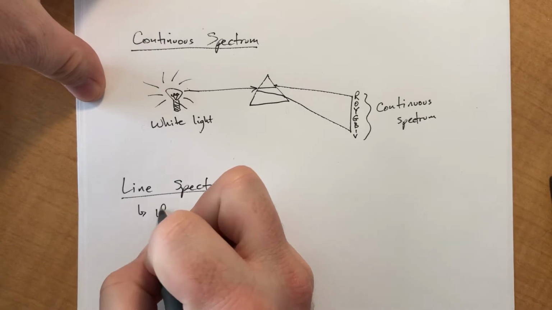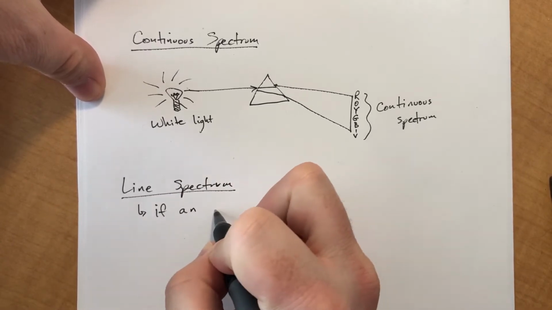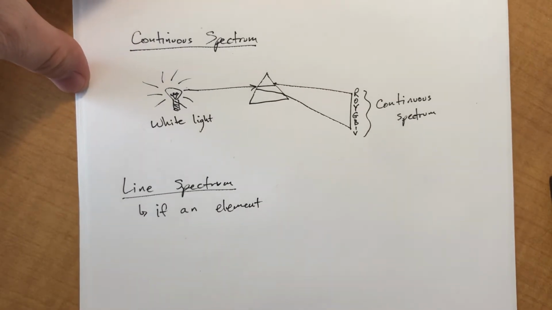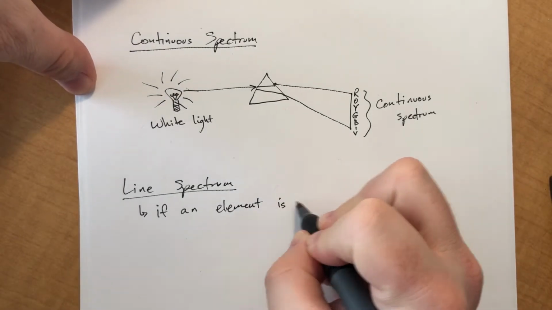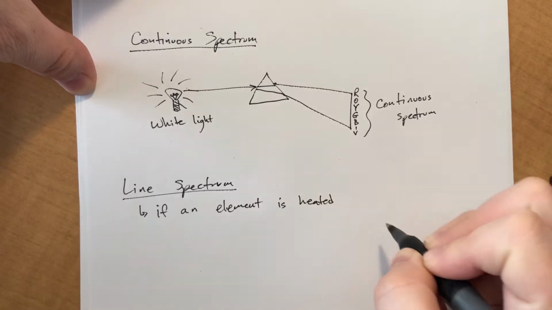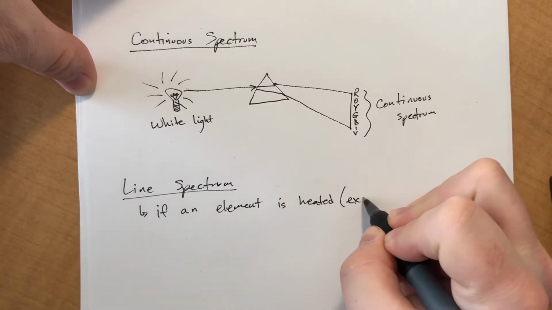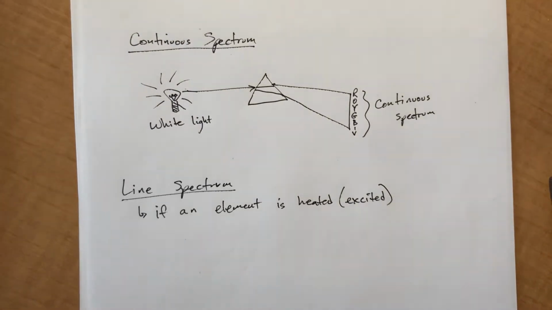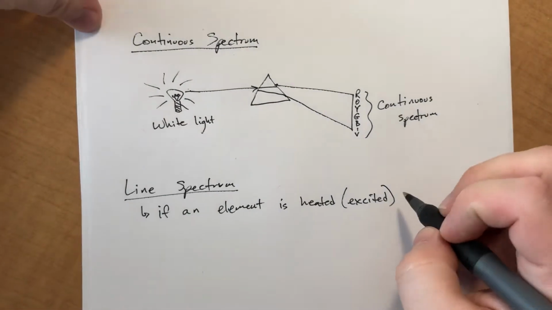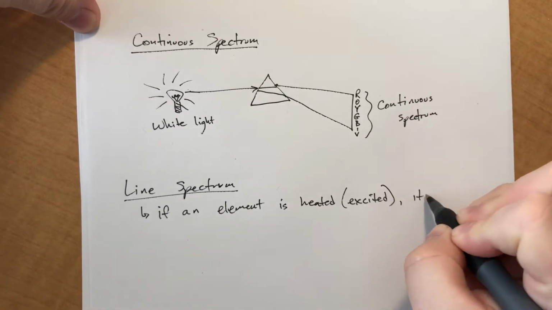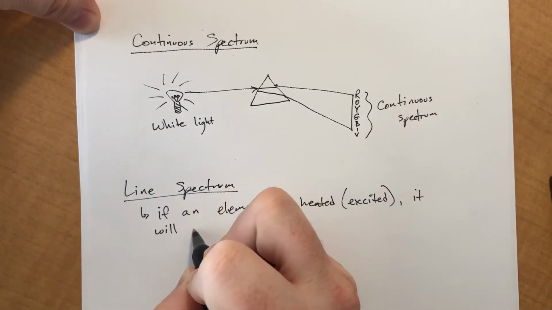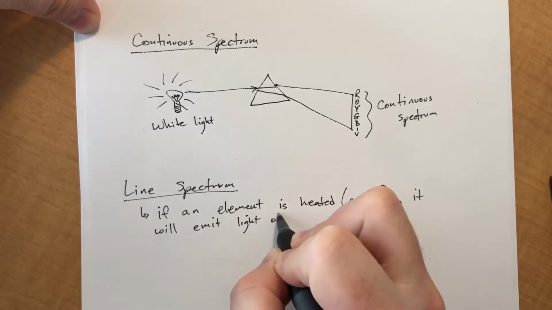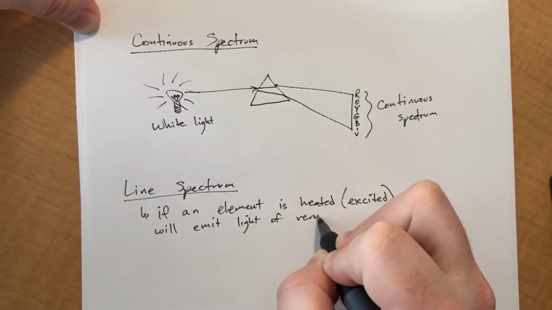So if an element, it doesn't have to be an element, but we're going to stick to elements right now, is heated, or in other ways excited, basically if you hit it with light, or if some sort of chemical reaction occurs, it will emit light of very specific frequencies.